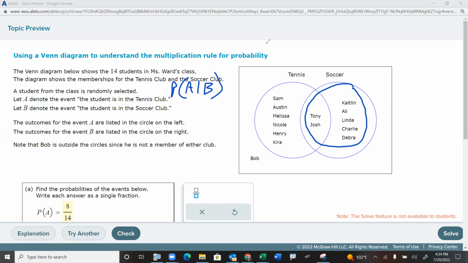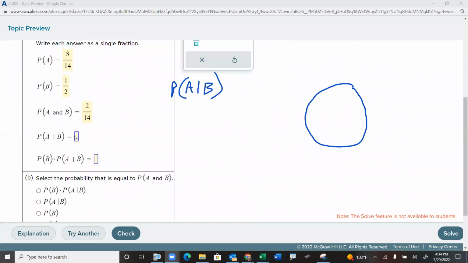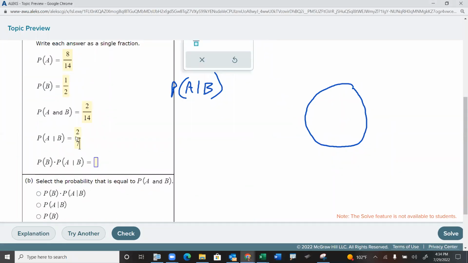So 2 out of 7. There's a formula for doing this. I find it easier just to do it this way, to be honest. Now this one says, what's the probability of event B multiplied by the probability of A given B? We've already got all of that.